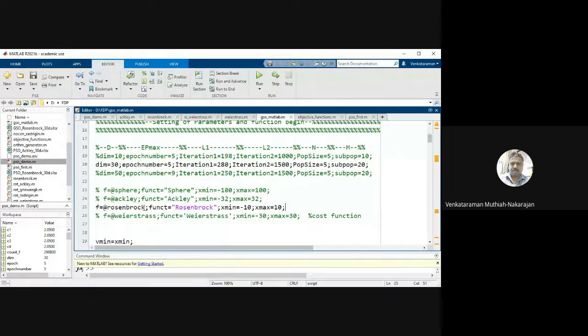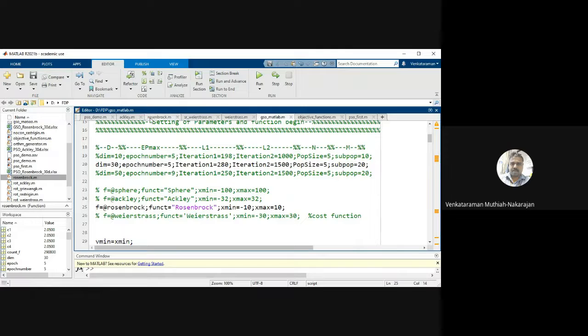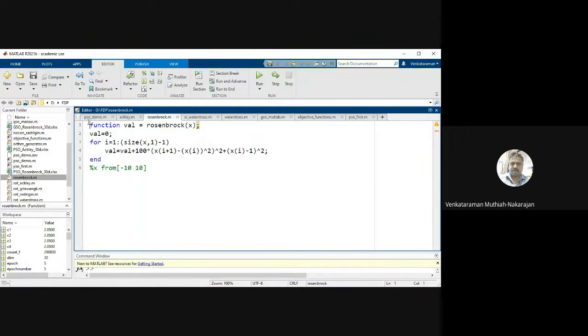If you say f equal to @Rosenbrock, then MATLAB will start searching in the same folder whether a Rosenbrock function is defined. I have given a Rosenbrock function in the same folder. It will look for that function. Yeah, the function is also here. This is the Rosenbrock function.